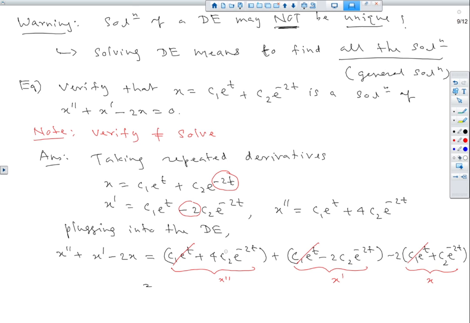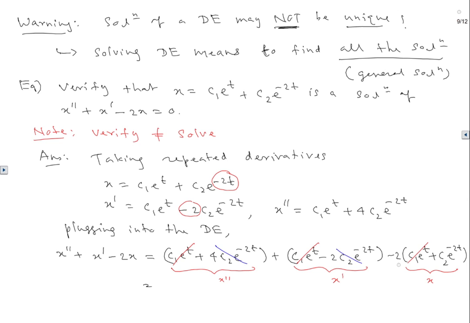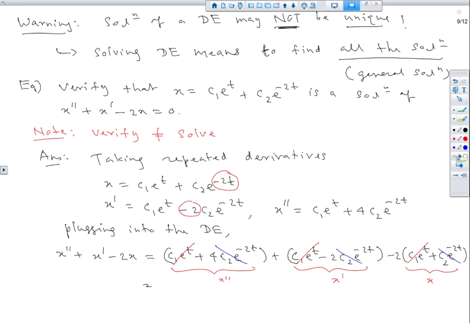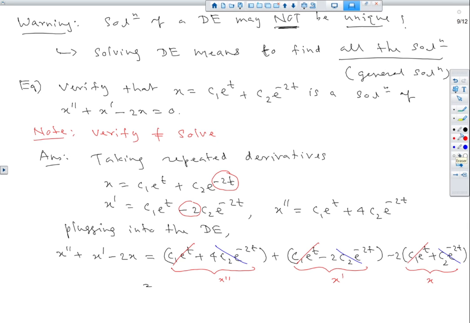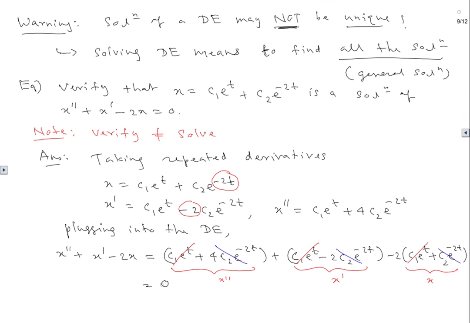So all of them get cancelled as well, because you have negative 2. That means you simply get 0. That means it is a solution.